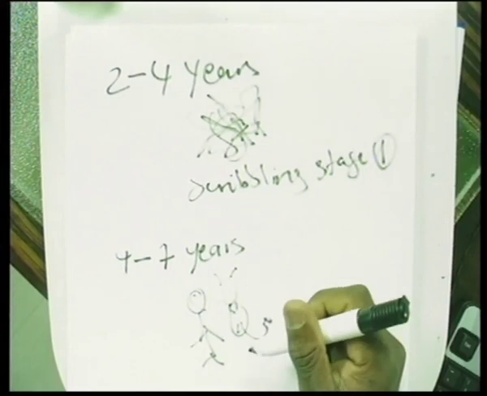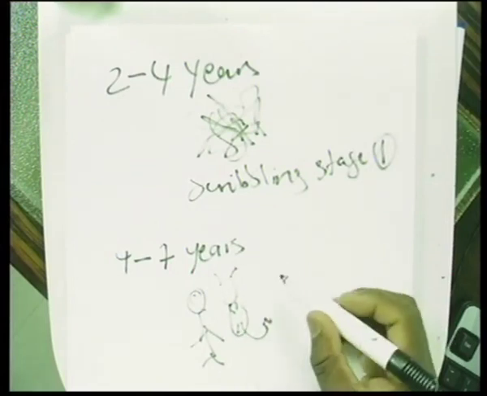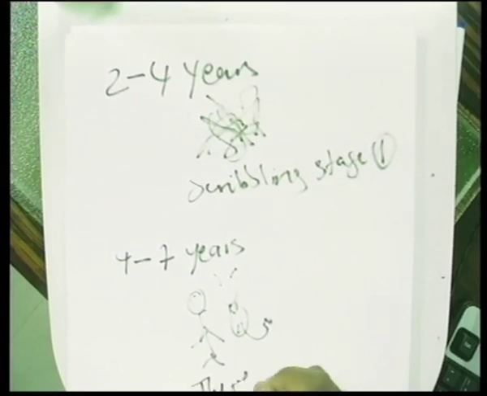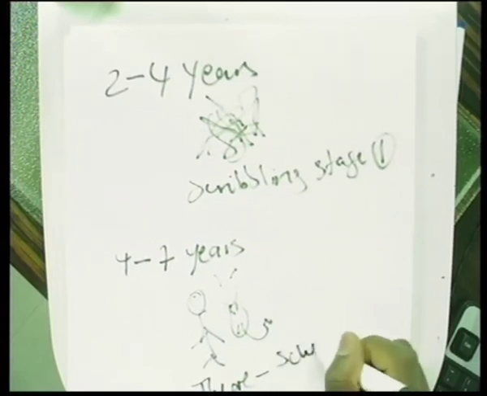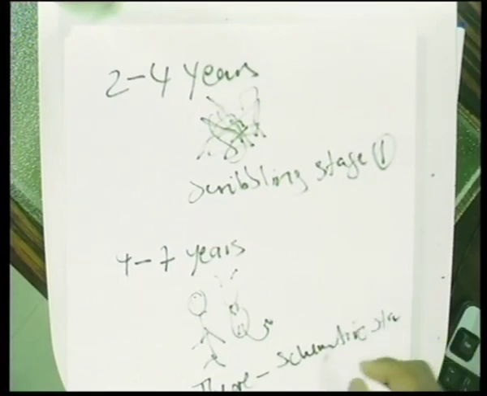So it's more of a symbolic image, and that is the pre-semantic stage. That is stage 2.